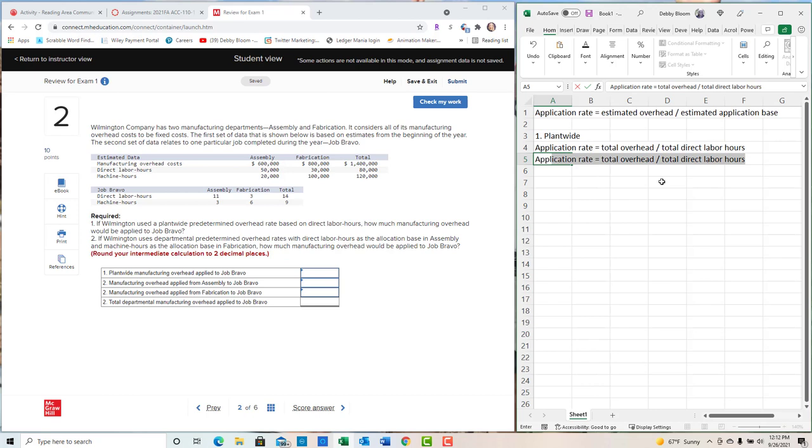So for our application rate, we take the 1,400,000 and divide it by our total direct labor hours. Again, we're just focusing on this total column right here. So our total direct labor hours are 80,000. Actually doing the calculation, 1,400,000 divided by 80,000 gives us $17.50 per direct labor hour.